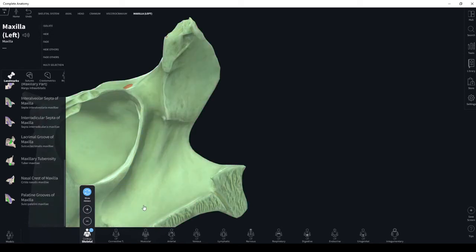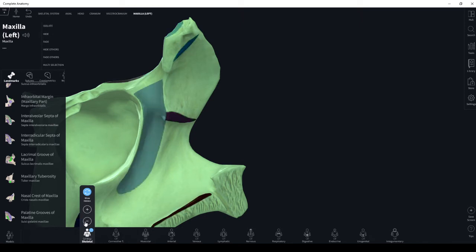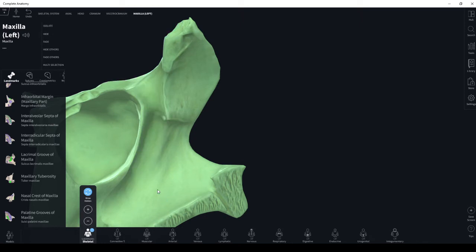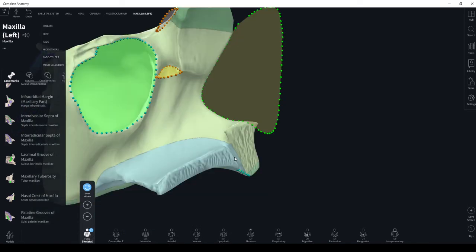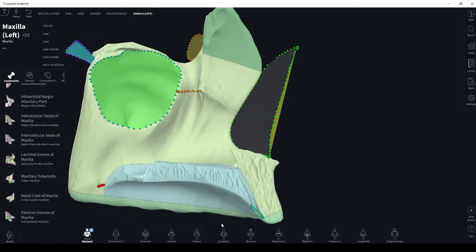It will look like this. You see it here. This one is the incisive canal.